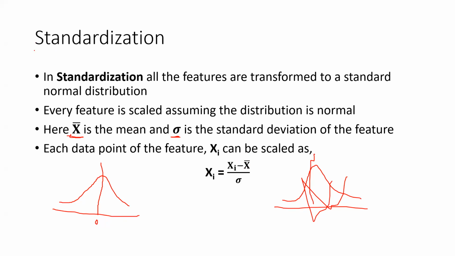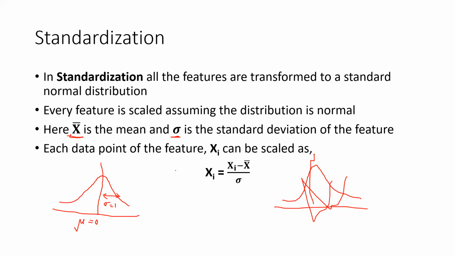So that means after applying the standardization scaling, what we get is a standard normal distribution where the mean value is 0 and the standard deviation equals 1, right? That is what we get from this transformation.